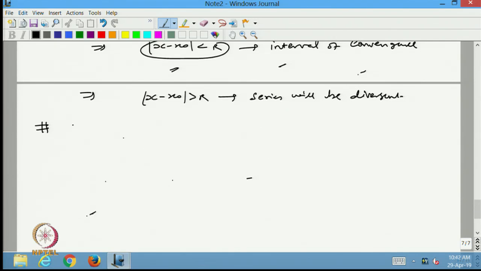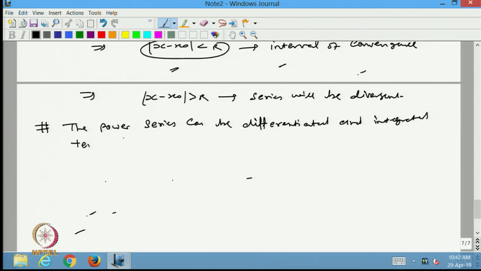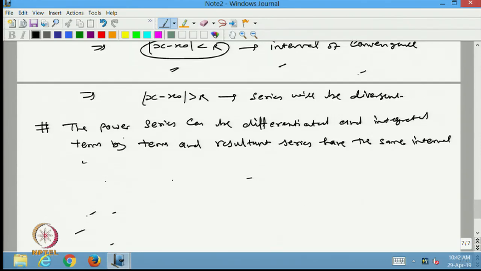Then the next property is that the power series can be differentiated and integrated term by term, and the resultant series have the same interval of convergence.